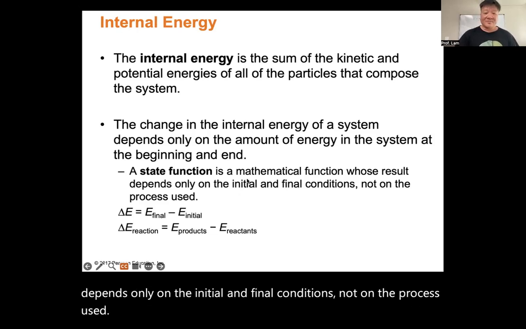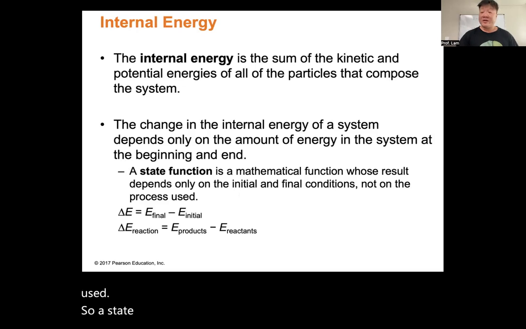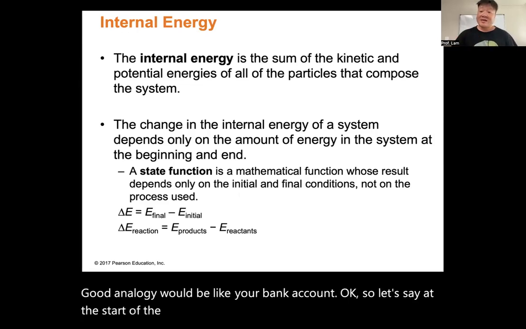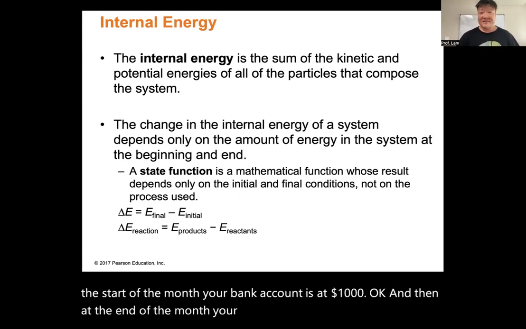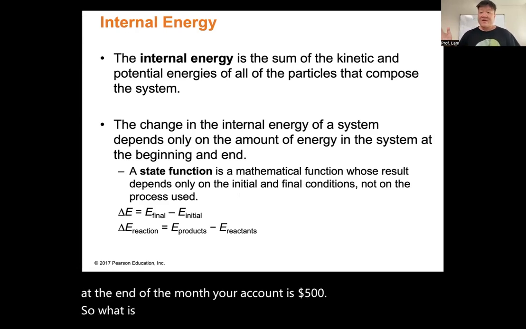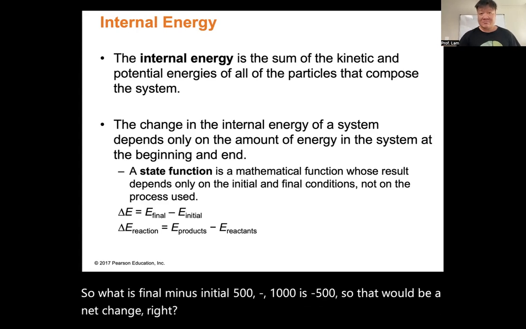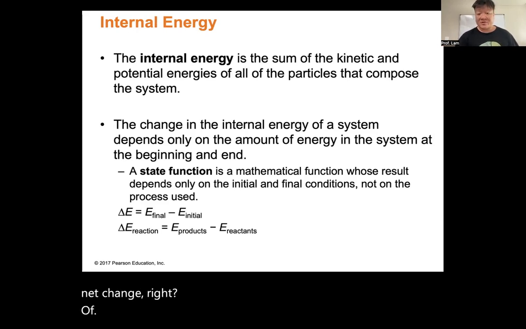A good analogy for a state function would be your bank account. Let's say at the start of the month, your bank account is at $1,000. And then at the end of the month, your account is $500. So what is final minus initial? 500 minus 1,000 is negative 500. So that would be a net change of a $500 loss.